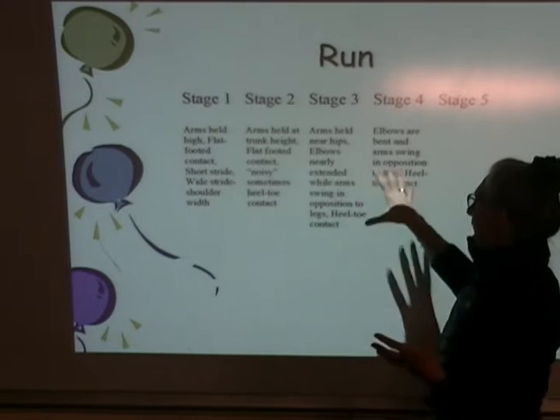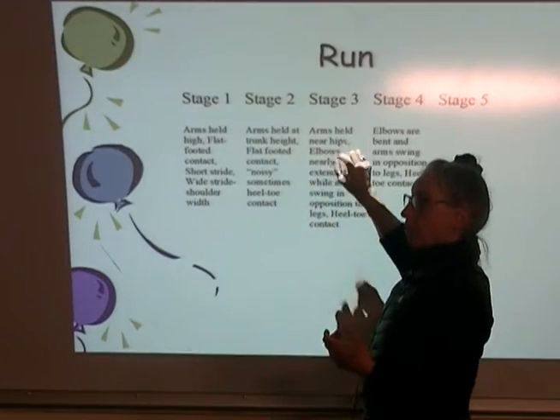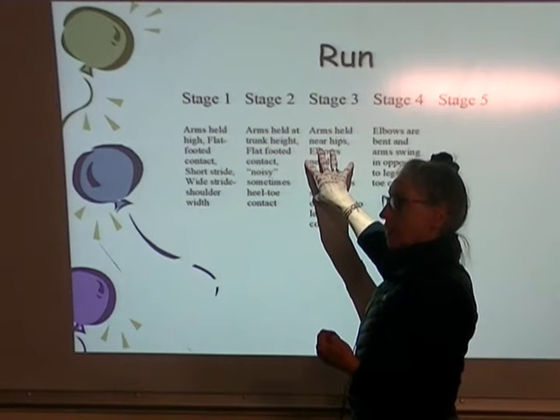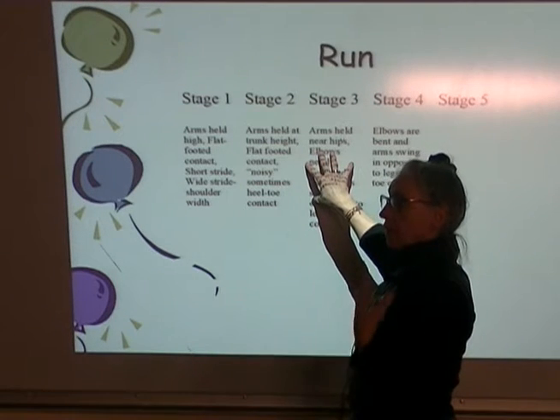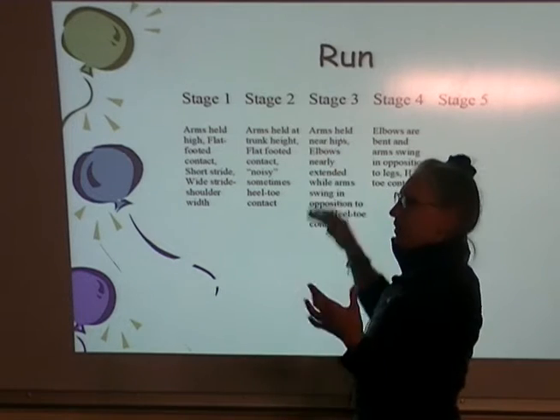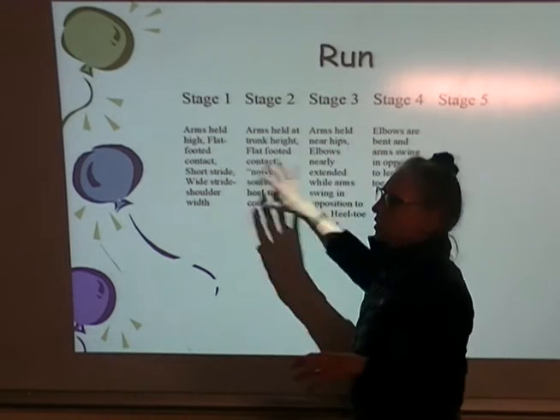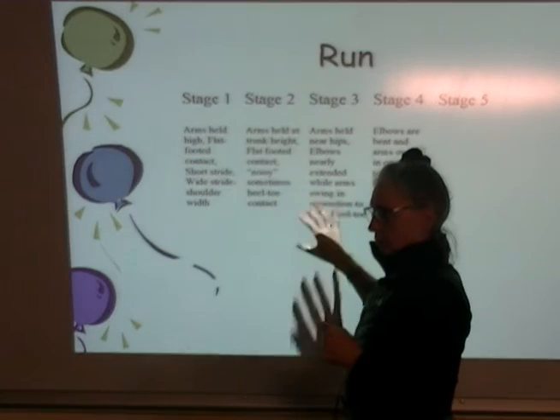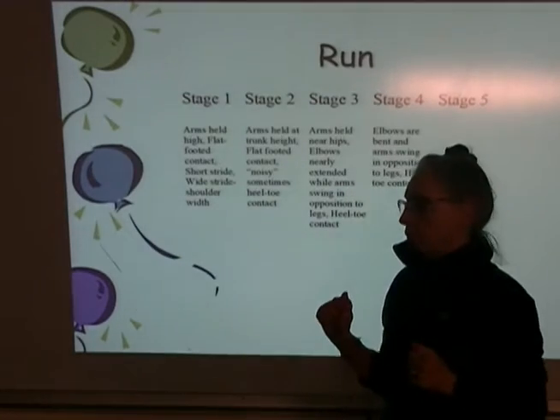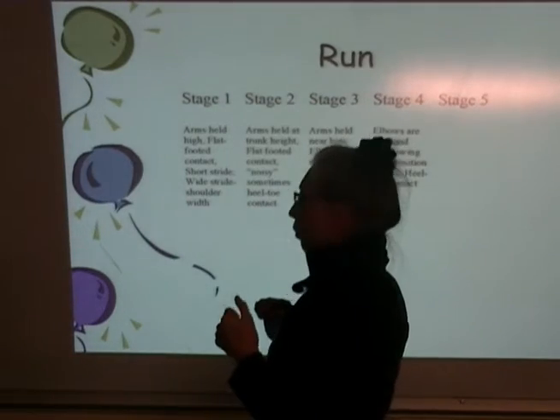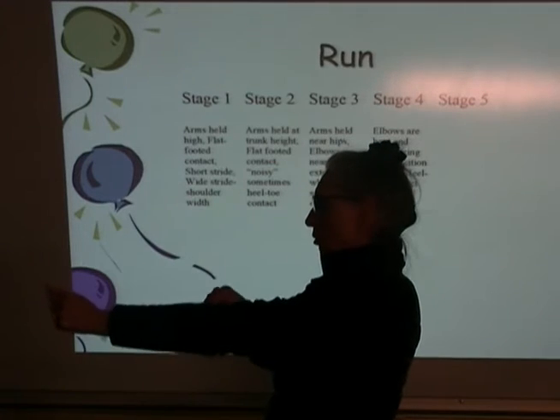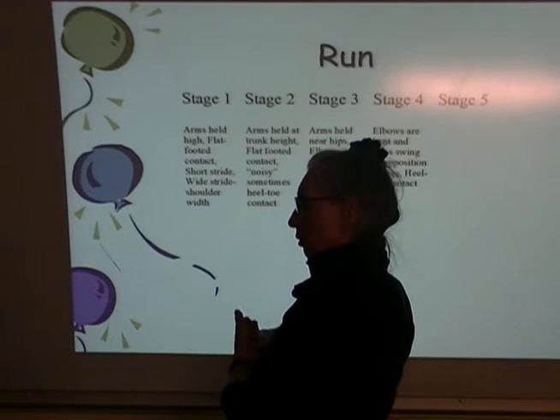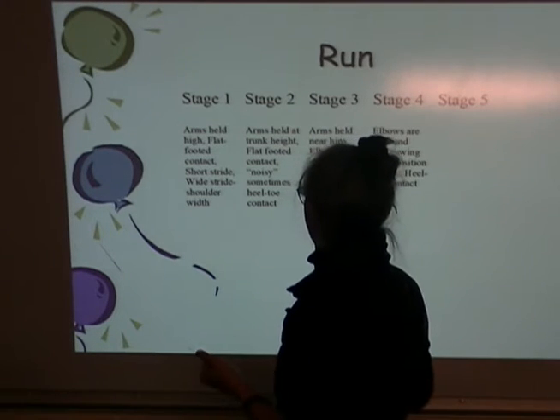So it's not that adults don't exhibit these lower stages. It's that hopefully they've had enough running experience that given the right set of constraints, this is not the motor pattern we see. Okay? Questions? No? Okay.